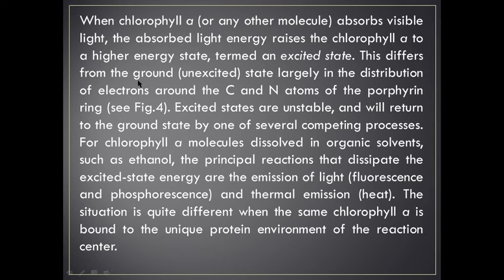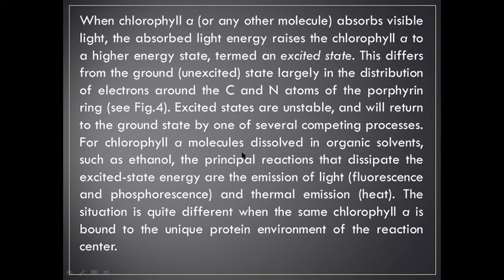This differs from the ground state largely in the distribution of electrons around the carbon and nitrogen atoms of the porphyrin rings. Excited states are unstable and will return to the ground state by one of several competing processes.